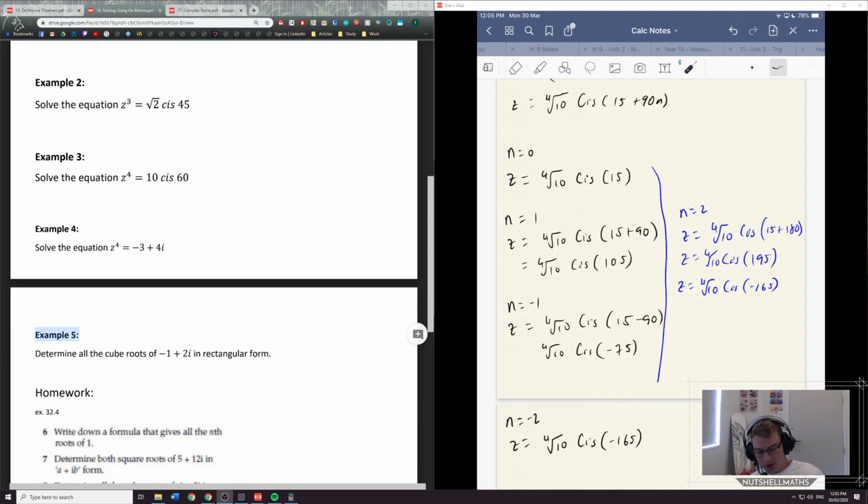Boom. Versus these 3 steps here. So yeah, exactly what Kate's saying. One is more complicated, but the correct answers are n equals 0, n equals 1, n equals -1, and either of these two, as long as you do the conversion. So the actual answers are cis 15, cis 105, cis -75, and cis -165.